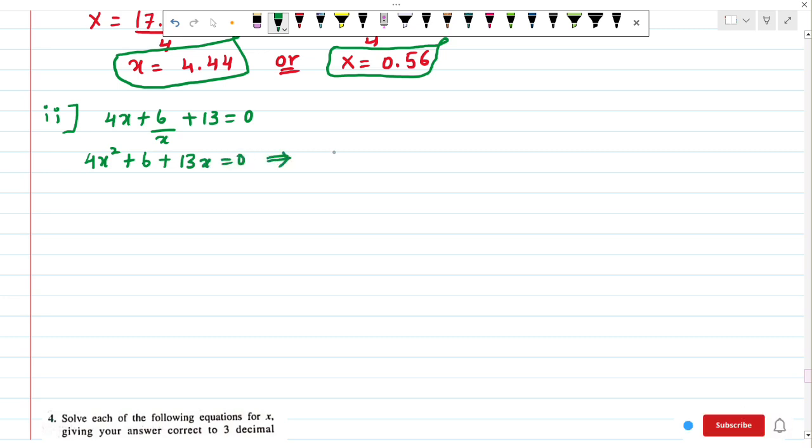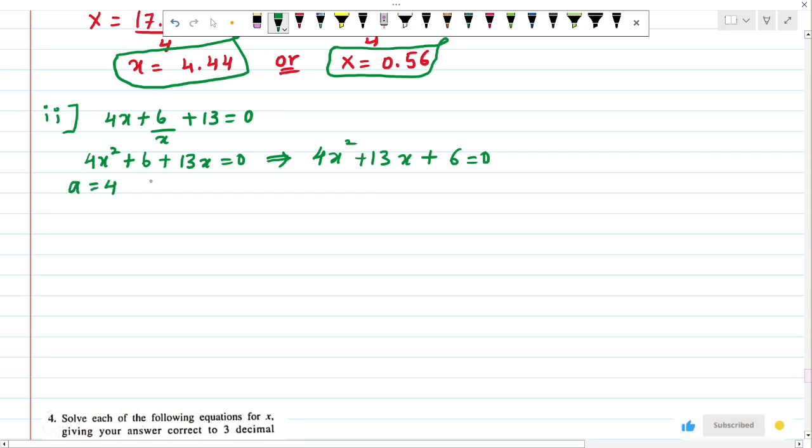If we rearrange this, we get 4x squared plus 13x plus 6 is equals to 0, which is in the standard form of ax squared plus bx plus c is equals to 0. Now we will write the values: a is equals to 4, b is equals to 13, c is equals to 6.